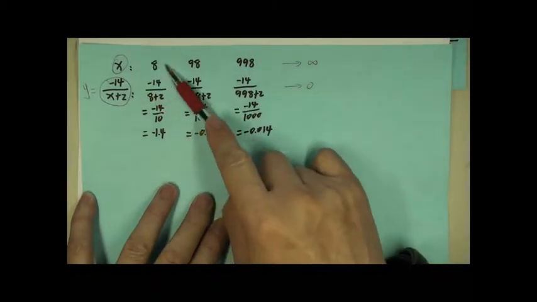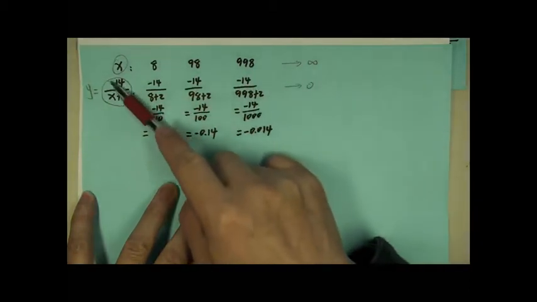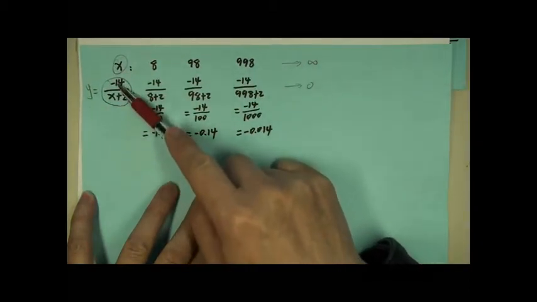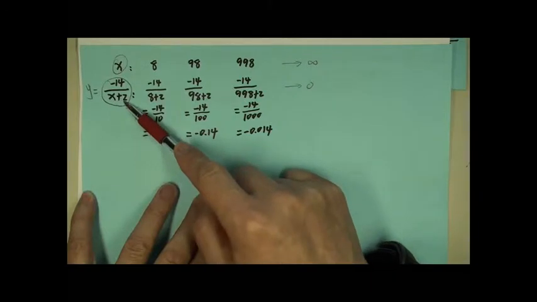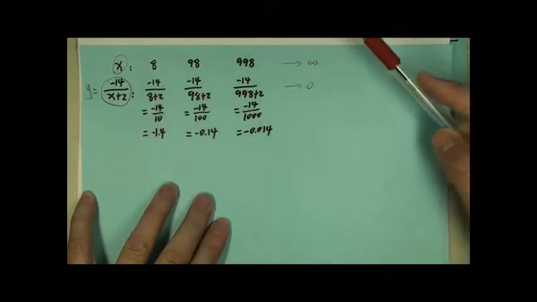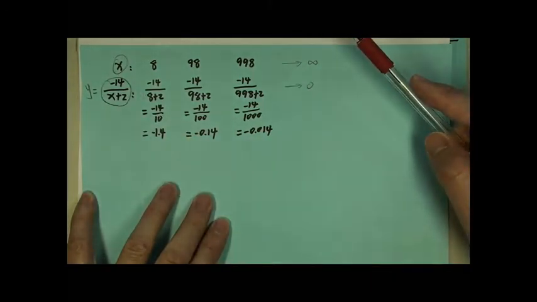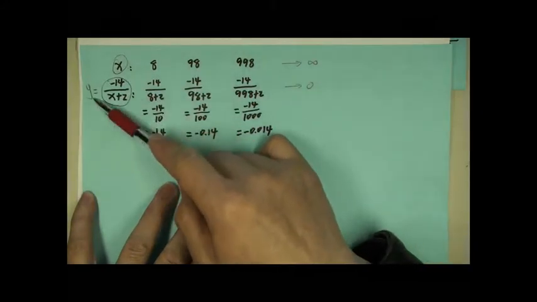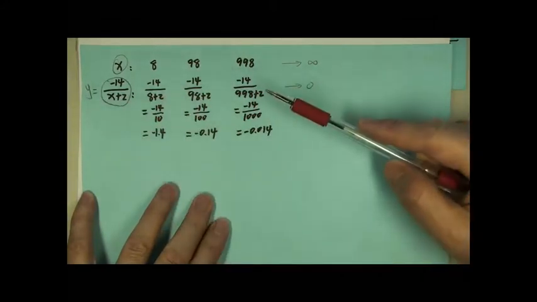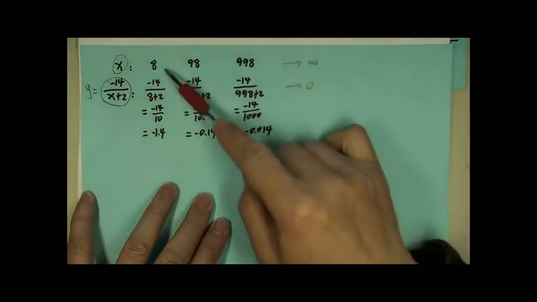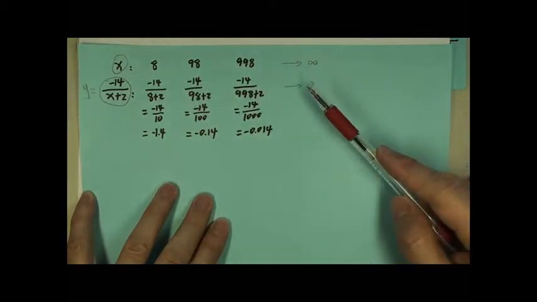If x goes to positive infinity, where does this one go? The negative 14 over x plus 2, where does this one go? If we let this one be y, where does y go when x goes to positive infinity?